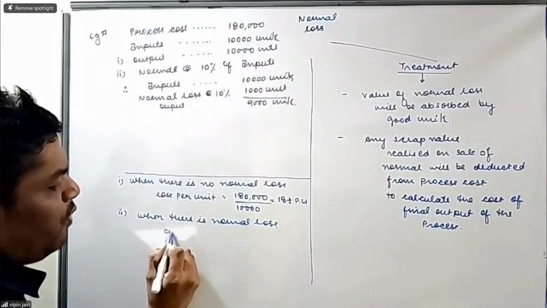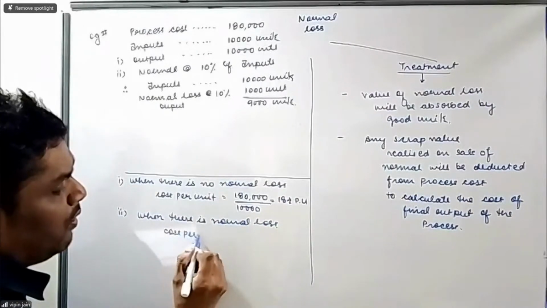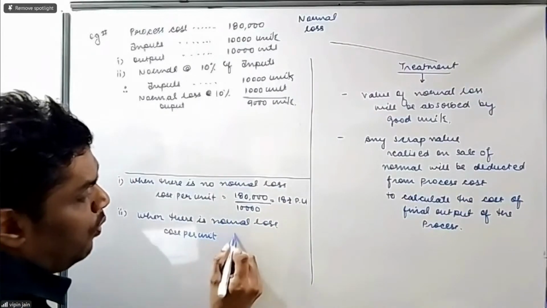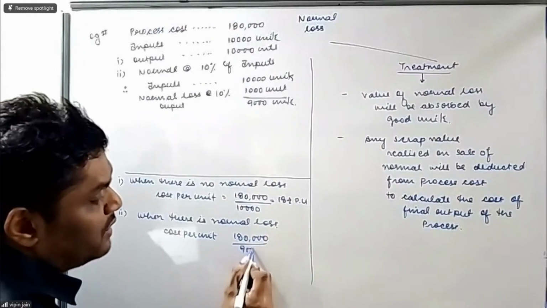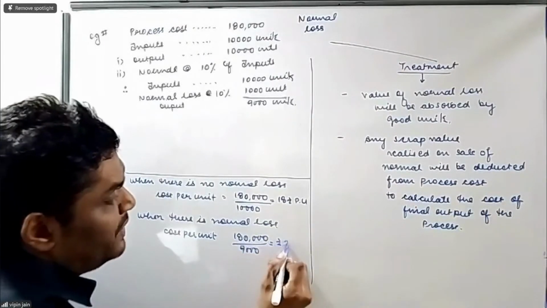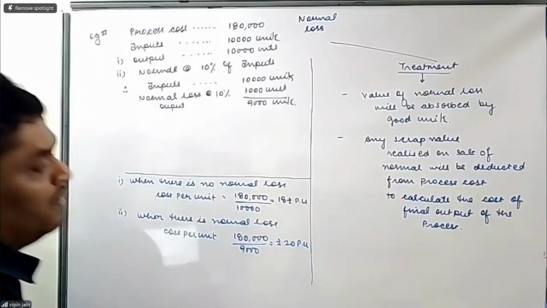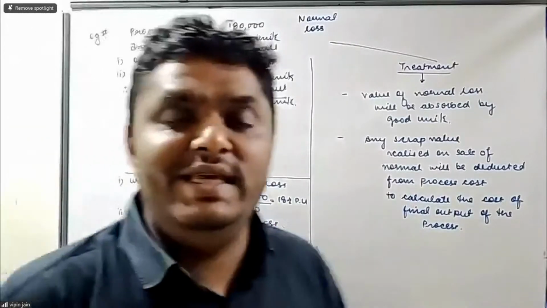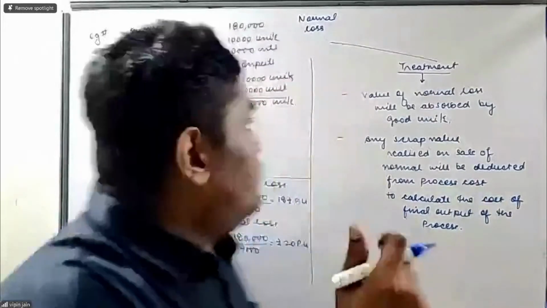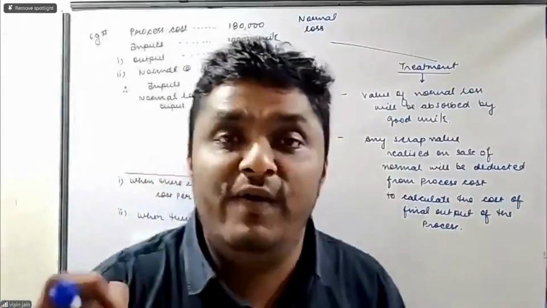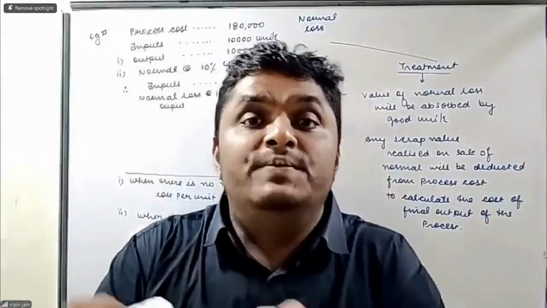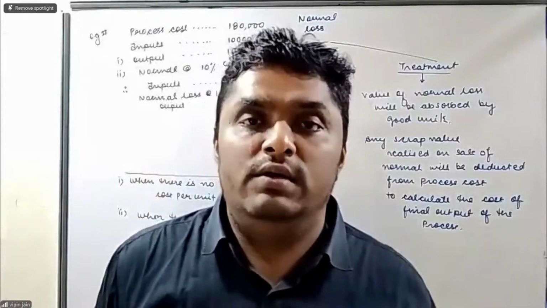Now here my cost per unit will be 1,80,000 divided by 9,000. That is rupees 20 per unit. So herein what we can see is that ये जो 1,000 units का cost है, the cost of these 1,000 units is absorbed by the remaining 9,000 units.